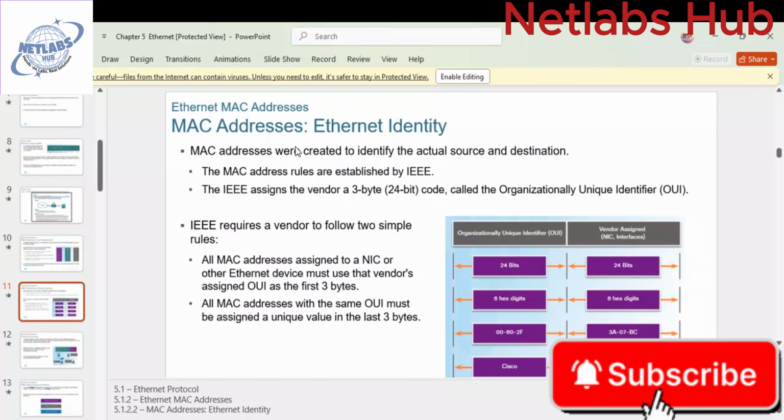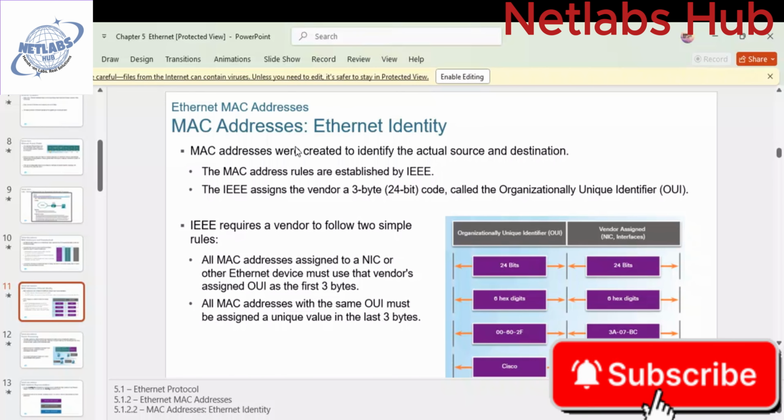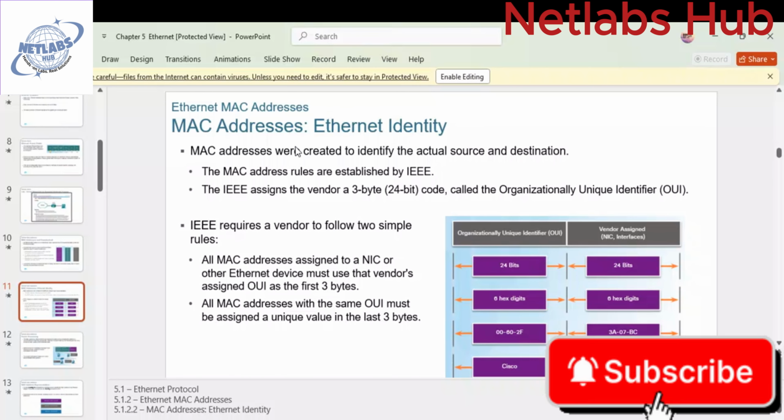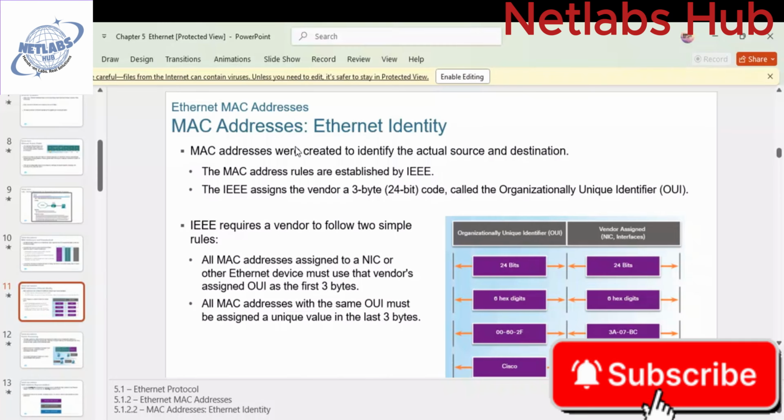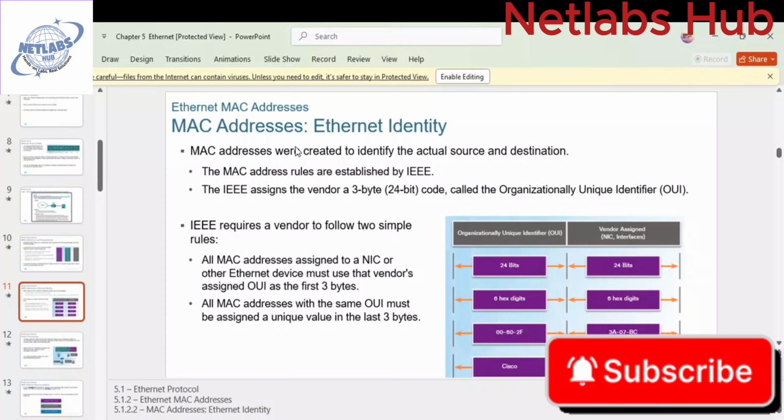To summarize, the MAC address is structured in a way that the first 3 bytes, that's 24 bits, represent the organization or the vendor. It is called the Organizationally Unique Identifier, OUI. So every vendor has the first 3 bytes very unique, identifying the vendor in the industry.